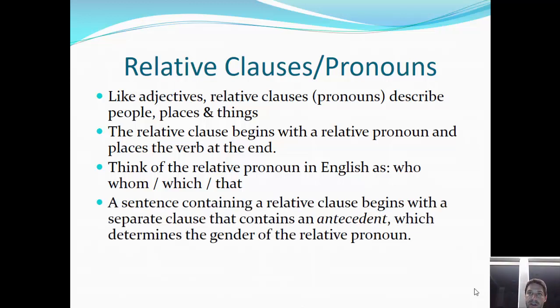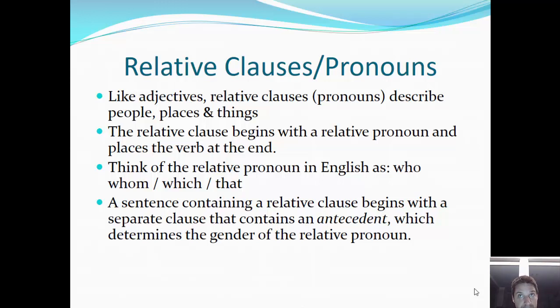The sentence containing a relative clause begins with a separate clause that normally contains what's called an antecedent, and this will determine the gender of the relative pronoun. These sentences are often broken down into two parts: an initial clause with the antecedent that determines the gender of the relative pronoun, and then the relative pronoun usually starts the second clause.